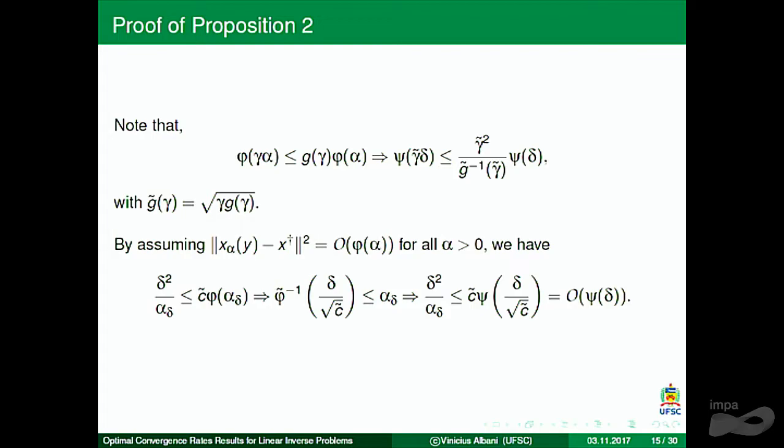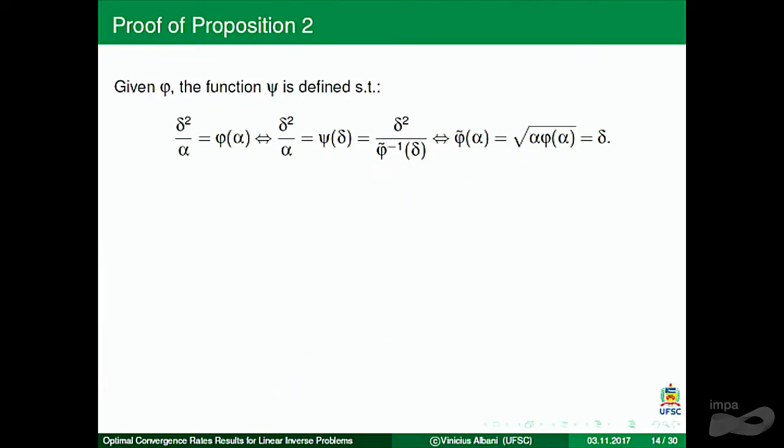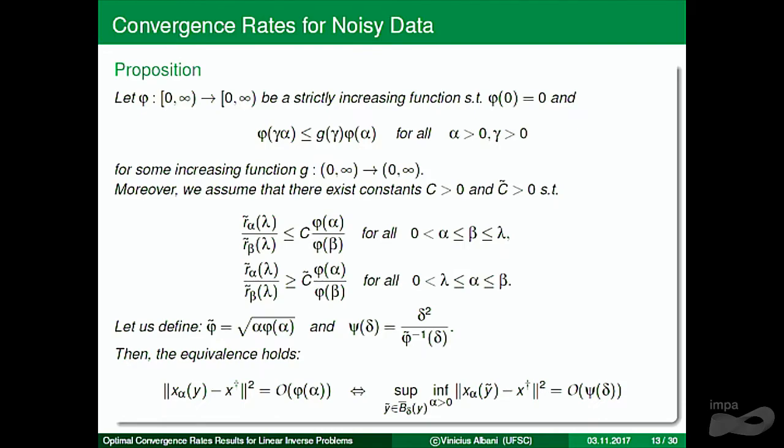And then taking the infimum in alpha and the supremum in y in some ball with radius delta from the noiseless data, we find this first implication in here.